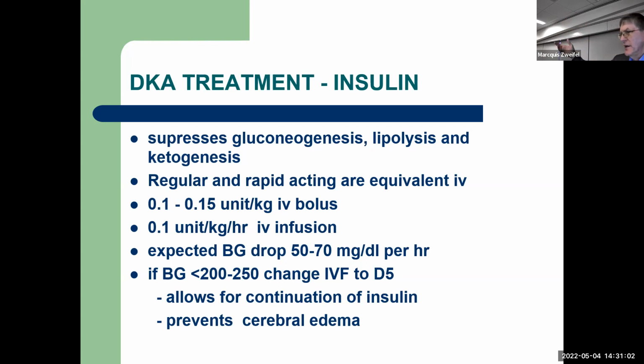So the ones that come in and they're 500-600, that's not a big deal. 1,000 is a big deal. I had a guy who was 2,000. You want to really go slow on that because your risk is cerebral edema and herniation and death, right?